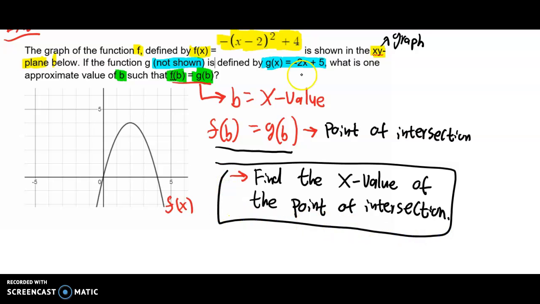Great, all I need to do is graph this g of x right here. So its y-intercept is 5. I'm going to graph it in blue. And my slope is negative 2. Actually, just like our example. So I can go down 2 over 1, down 2 over 1, down 2 over 1, boom.